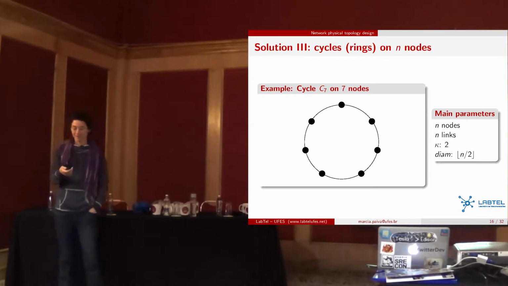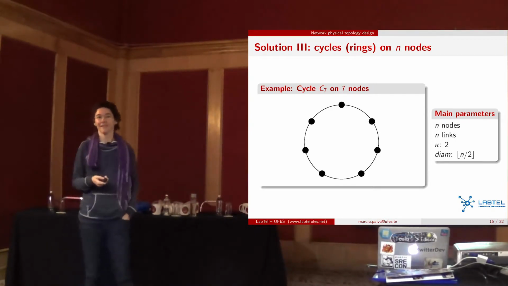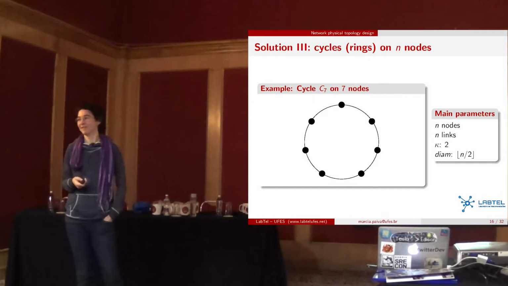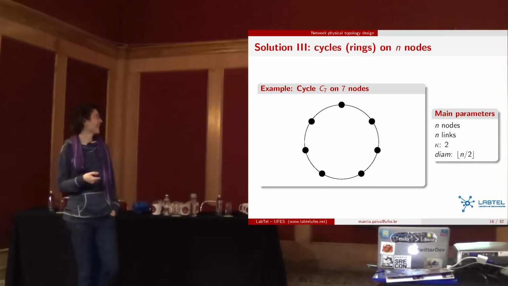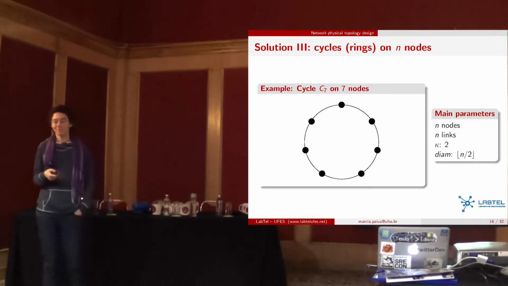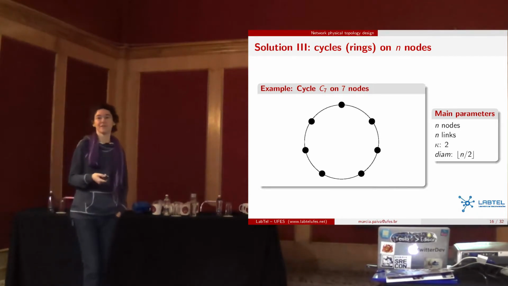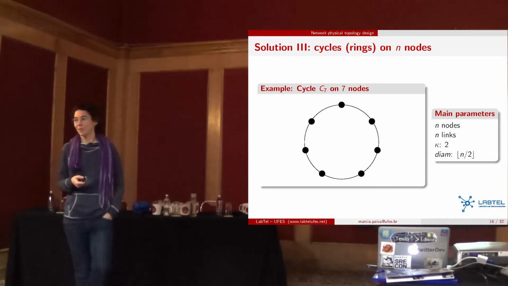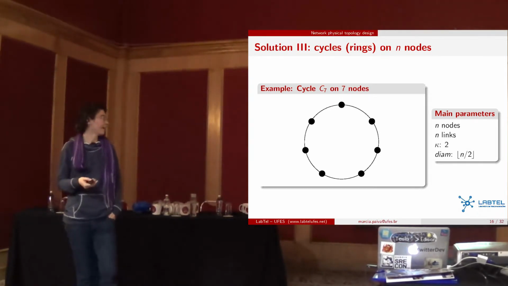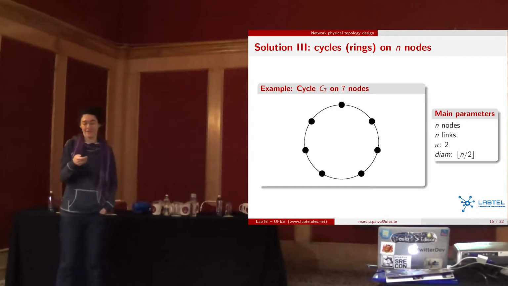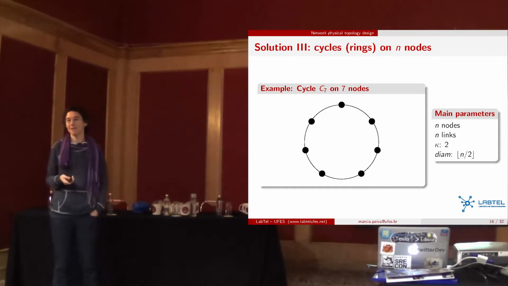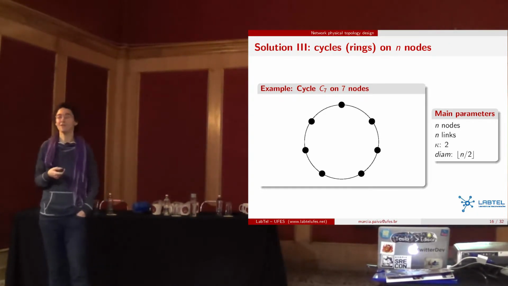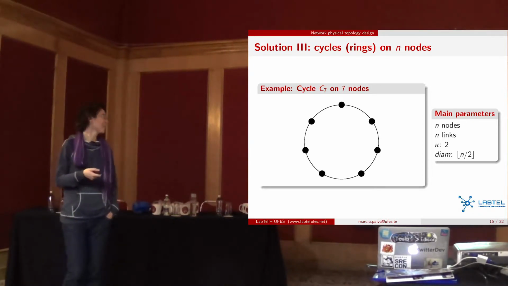Also, a solution that many telecommunications engineers like and apply every day is the cycle, because cycles are the topologies that use the least possible number of links or resources, and that survive any single node or link failure.